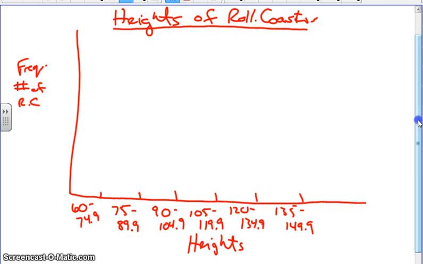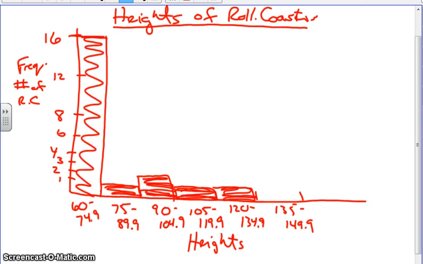That was 16, right? And so we might just make this as high as 16. If you split it in half, you'd have 8. Okay, and now we simply draw the bars, which I'm going to pause the video to do.